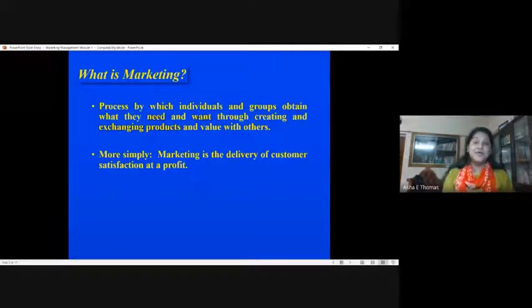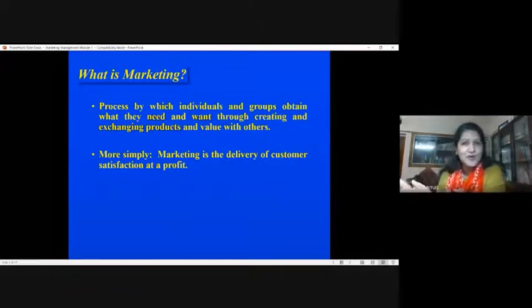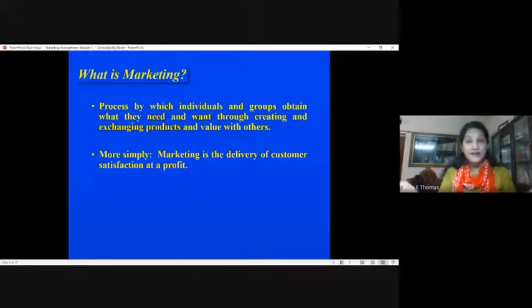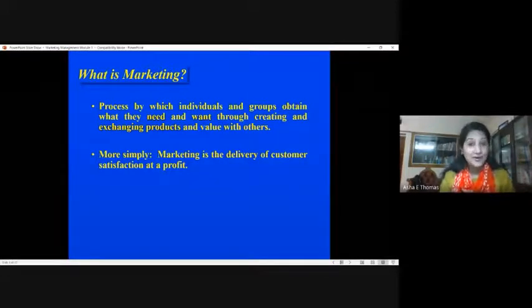In pure finance terms, this concept would be called the wealth maximization concept. Earlier, in the good olden days, marketers were thinking about profit maximization. That is, you make something and you try to sell it to your customers. Maybe they are satisfied, maybe not. But as we learn in accounting, there is the going concern concept: you believe that your business is going to exist for a long time, right?